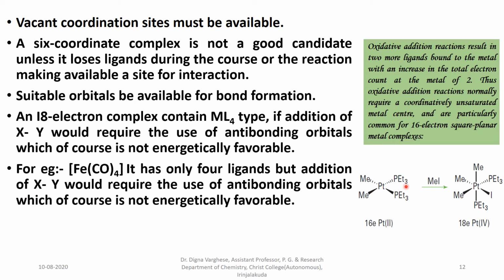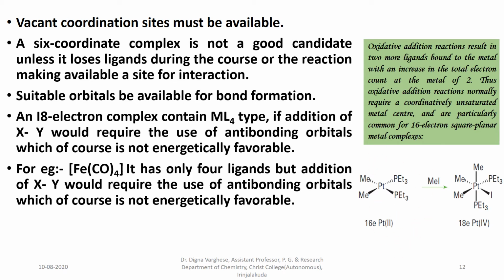So, oxidative addition reaction results in 2 more ligands bound to the metal, with an increase in the total electron count at the metal of 2. Thus, oxidative addition reactions normally require a coordinatively unsaturated metal center, that is, 16-electron platinum(II) complexes like square planar complexes.